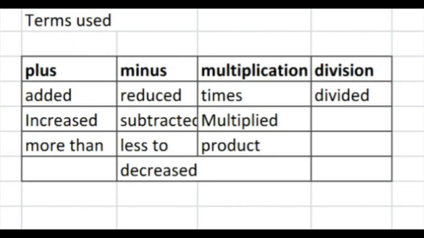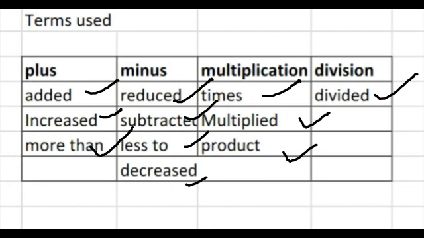Okay, my dear students, before moving to exercise 2.2, let me tell you the terms we use for the operations. That means plus, minus, multiplication and division; addition, subtraction, multiplication and division. For the symbol plus, we can use added, increased, more than, greater than, plus.